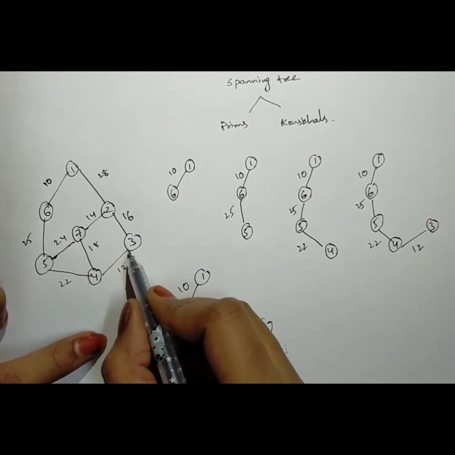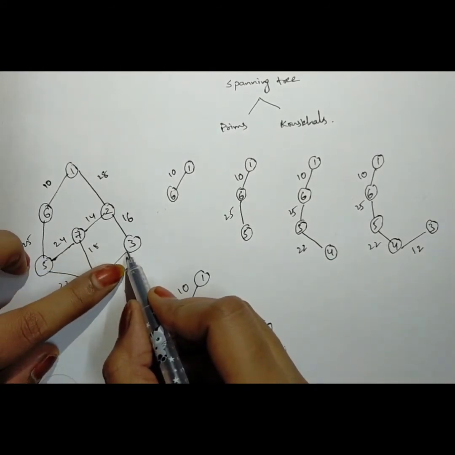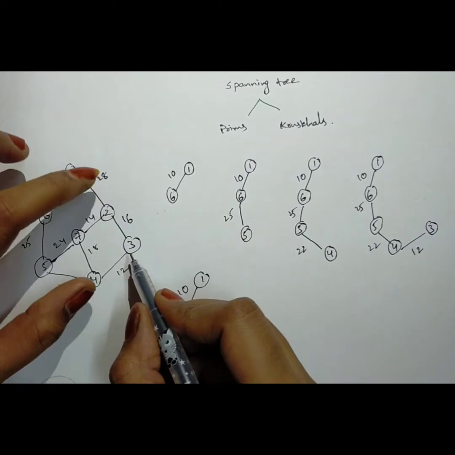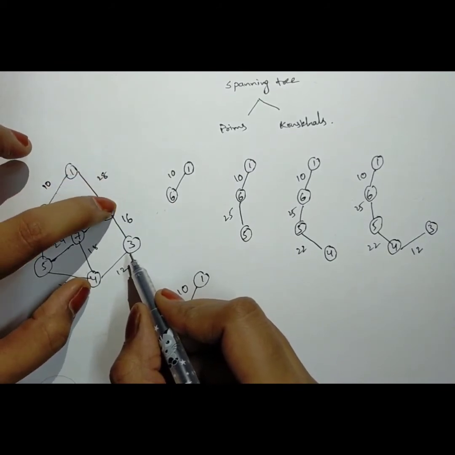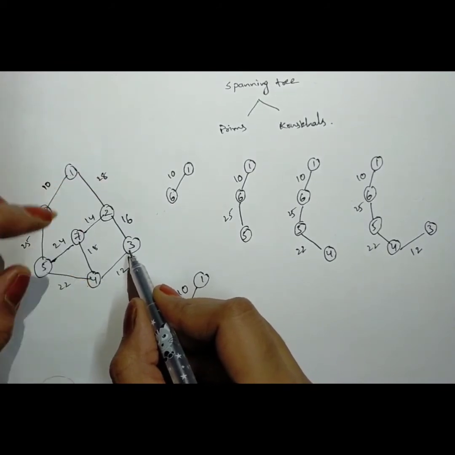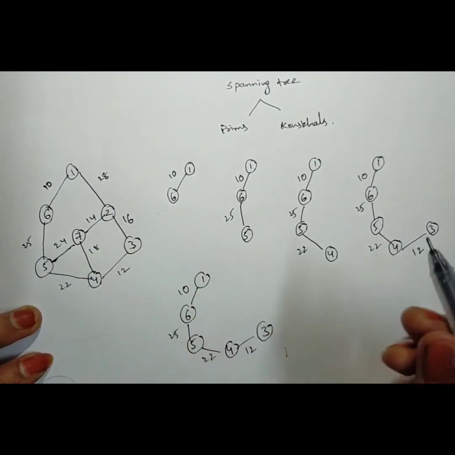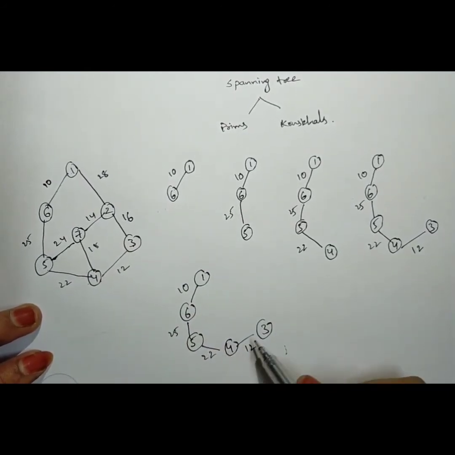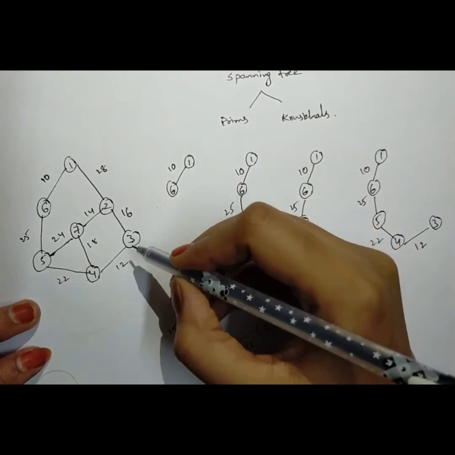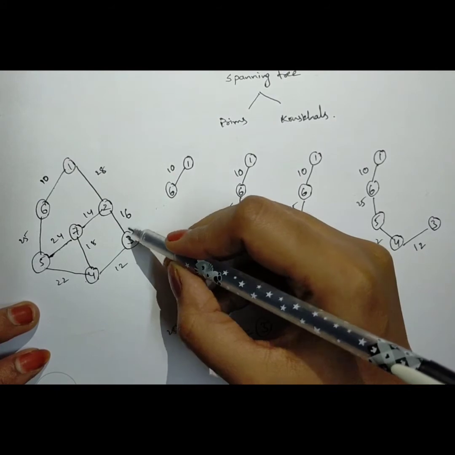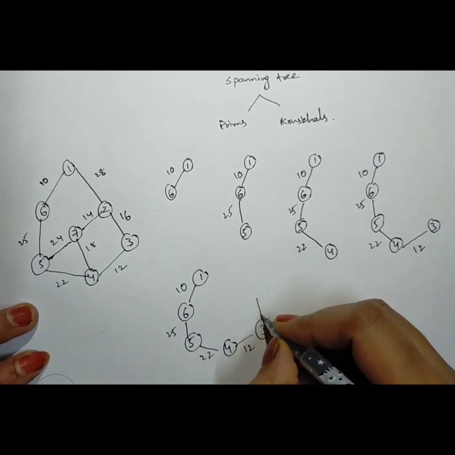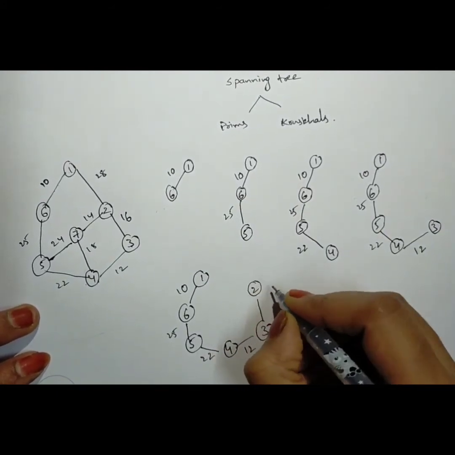Okay, next, from vertex 3 you are supposed to choose the adjacency vertices. From vertex 3 we have 2 different adjacency vertices, that is 3 to 4 and 3 to 2. As we have already moved from 4 to 3, we are not considering that edge. Now I am considering the edge from 3 to 2 and its weight is 16.